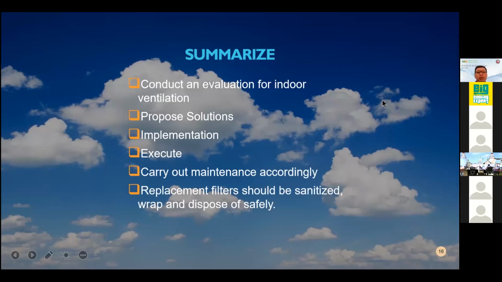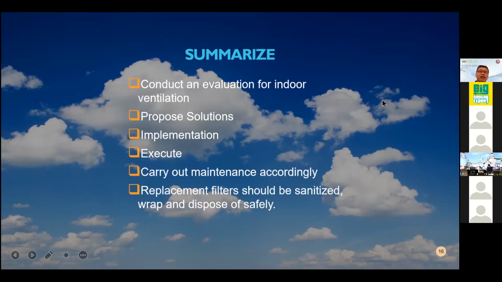Maintenance is very important. Not to forget, replacement plays a very big part because those filters, which are high efficiency filters, MERV 13 and above, are contaminated. So while you're doing service maintenance, I think it's recommended that if it's a mechanical filter, you should sanitize the filter, wrap it, and dispose of it safely, right?